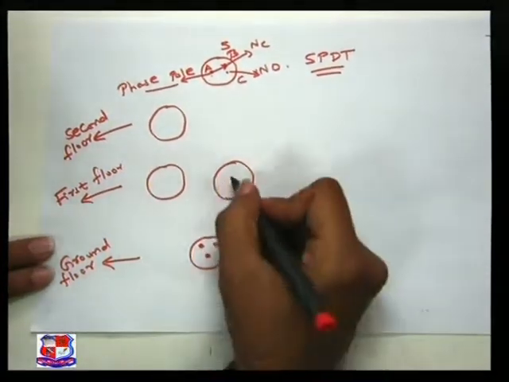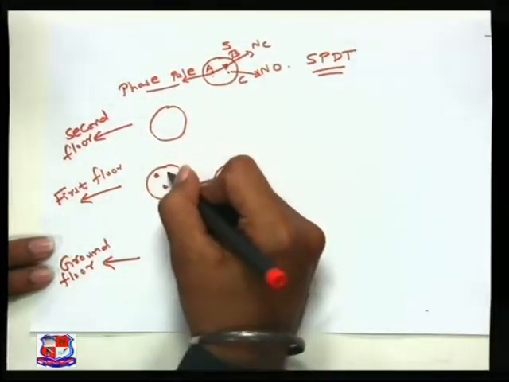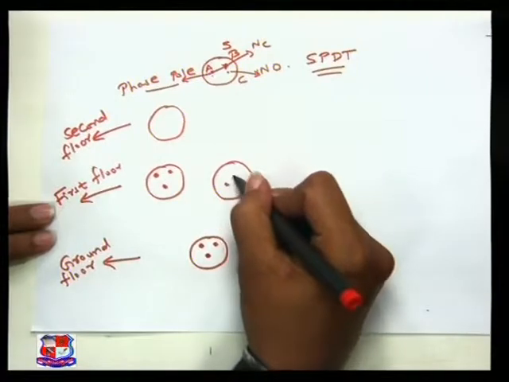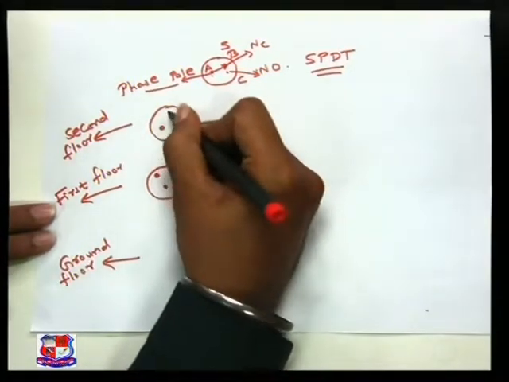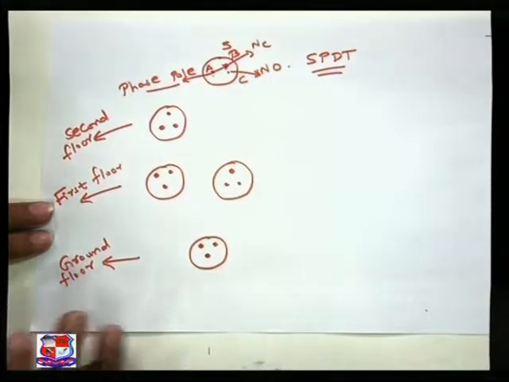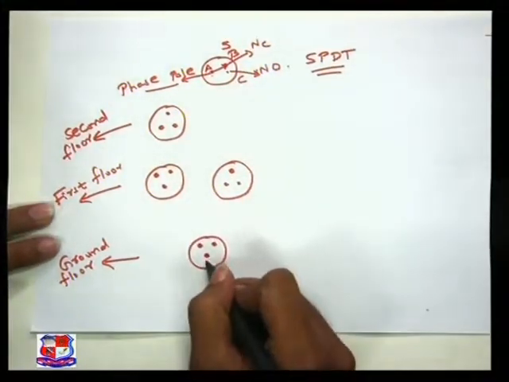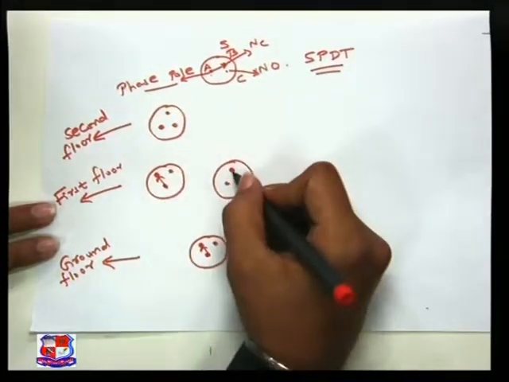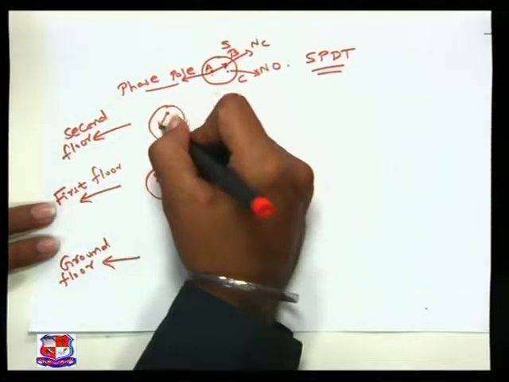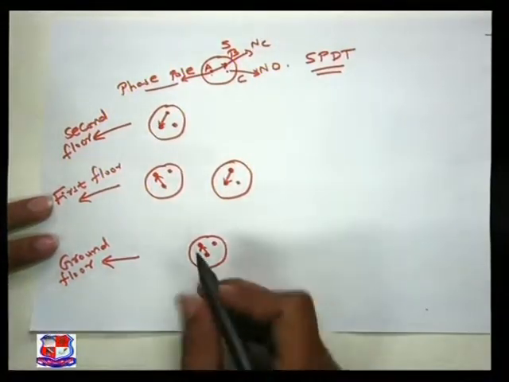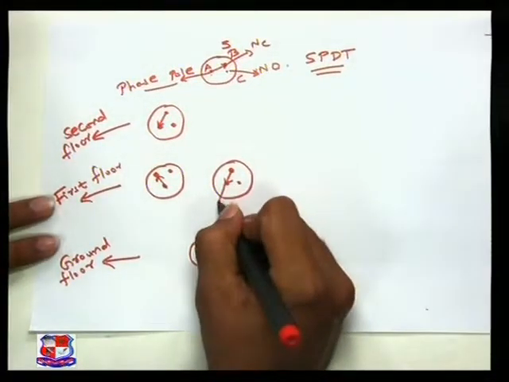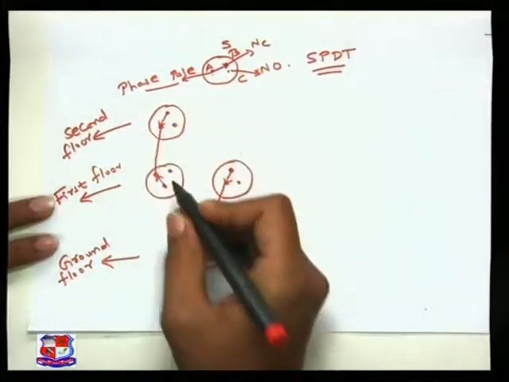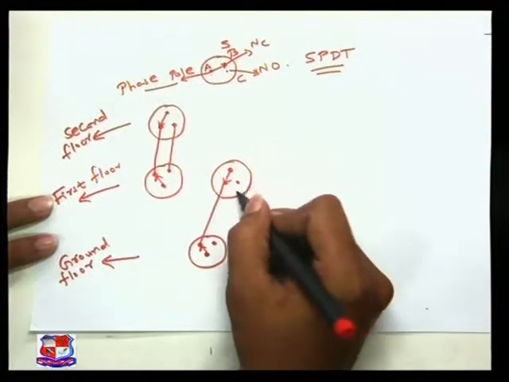Now I will make these connections. It's easy, right? Then the same thing, similarly. So this first one is connected, similarly here it is connected, here it is connected, and here it is connected, right?